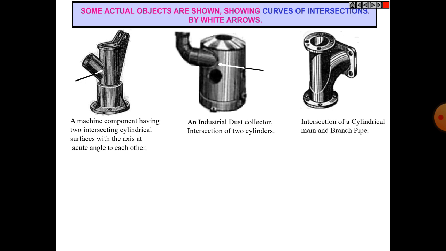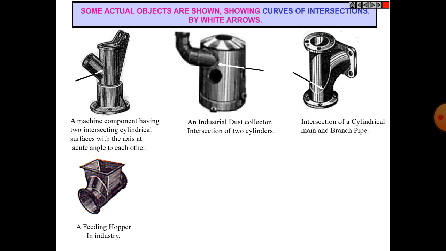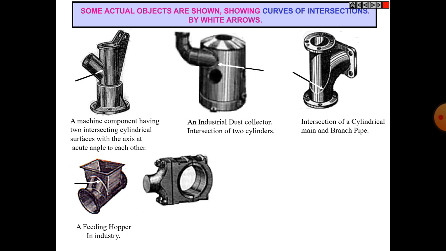Next is a machine component, intersection of cylinder, mains and branch pipes. Next, a feeding hopper in an industry. With the help of white arrows, curves of intersection are shown on some actual parts.